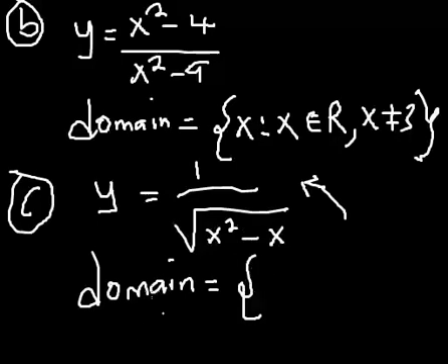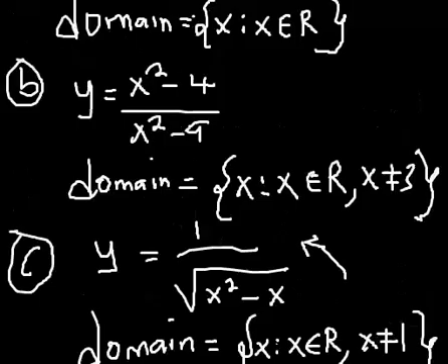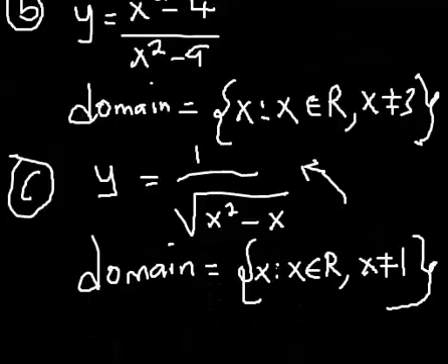So I can simply say that the domain of this function is all values of x such that x belongs to the real numbers, but x shouldn't be equal to 1, okay. So what they call this is set builder notation, okay, I'm using set builder notation to build this set, right? So that is it.